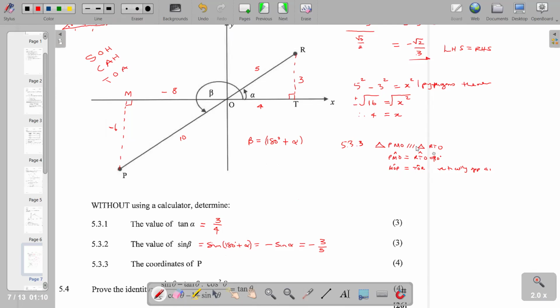So these two triangles are similar. Since we have proven that these two triangles are similar, we can use the ratio of their sides now.